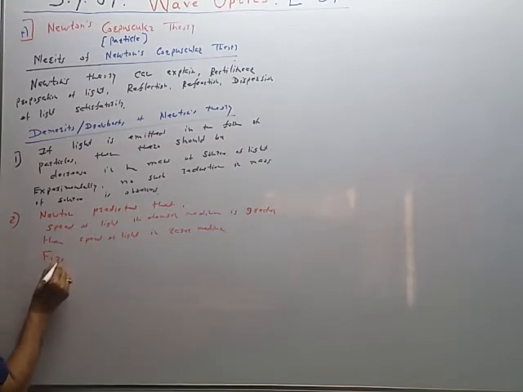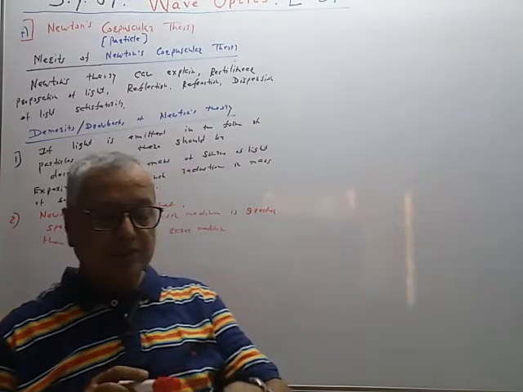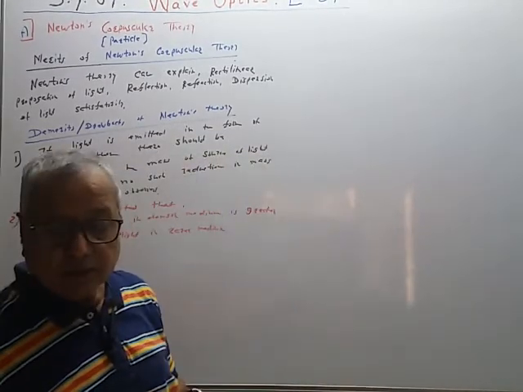Fizeau was a French physicist. He measured the speed of light in different media, and the experimental result was like this.